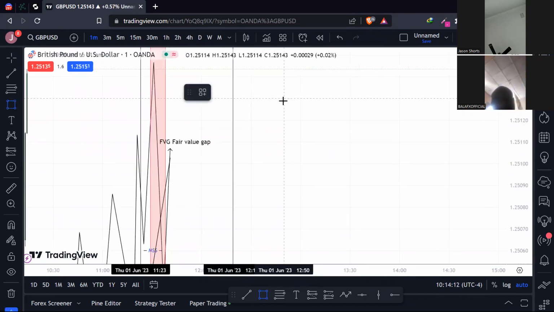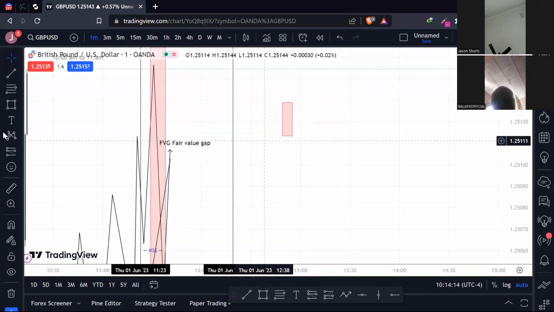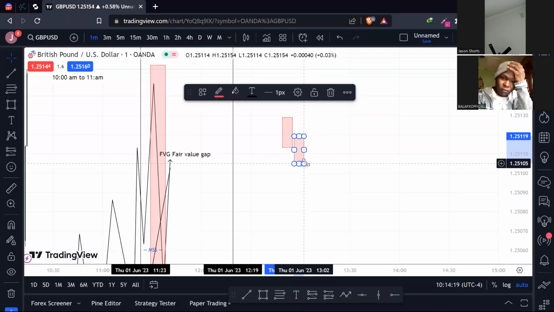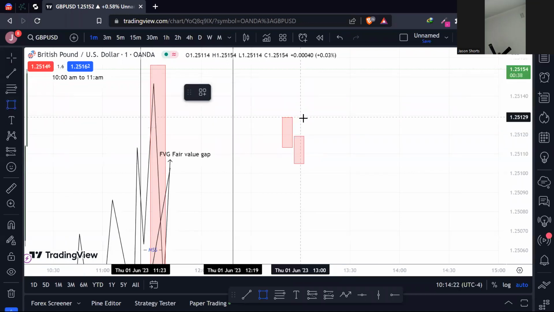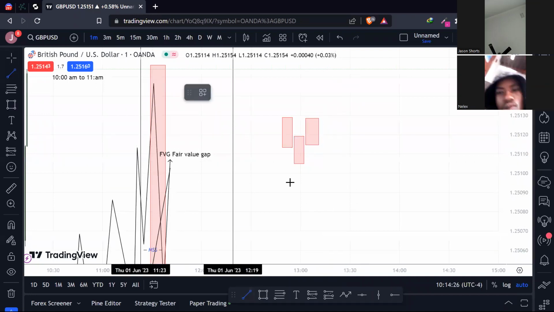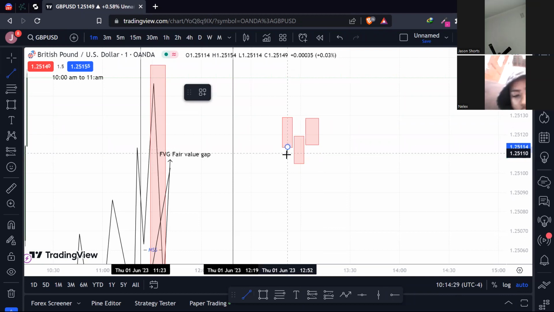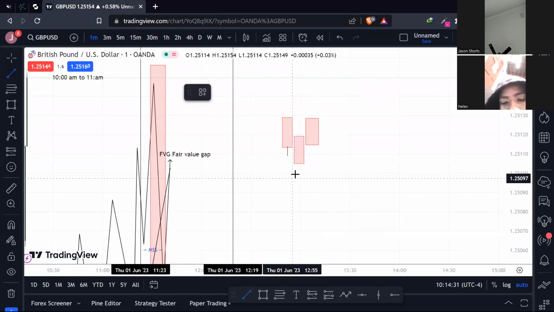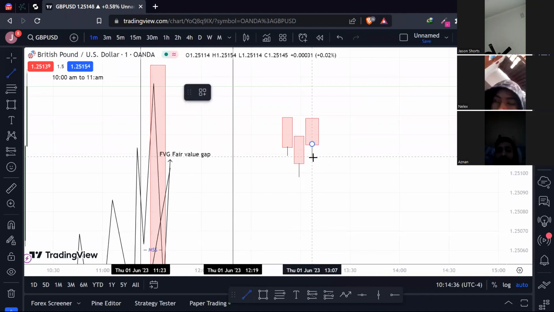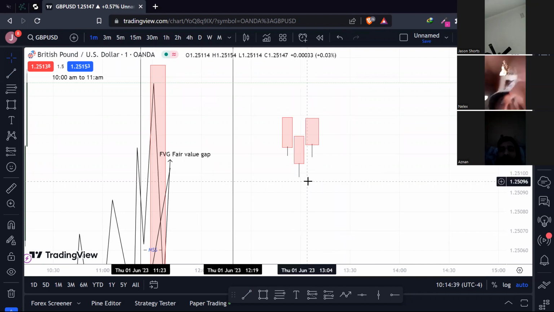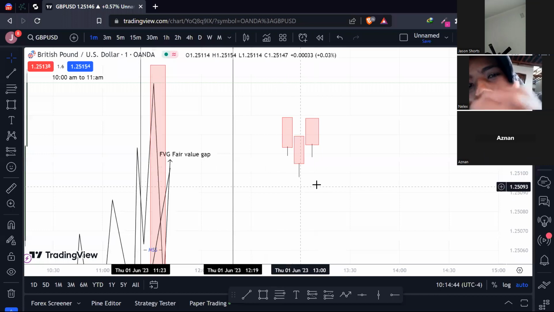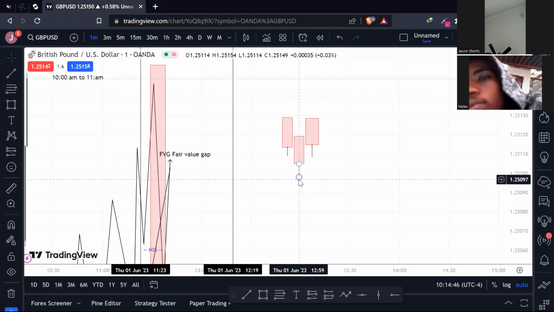If there's a candle like this, and a candle like this, and a candle like this, and these are the wicks of the candle, this pattern is called a swing low.